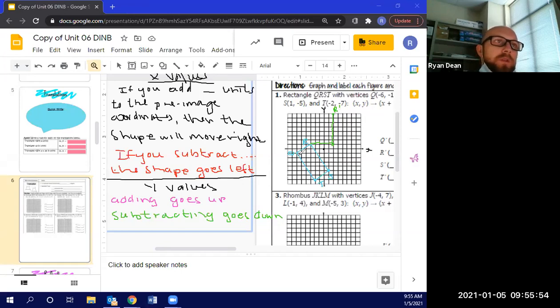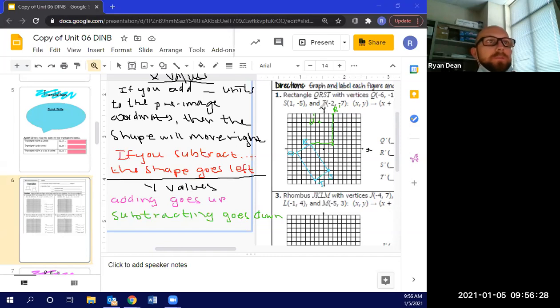Now each one of these is going to go the same distance in the x and then the same distance in the y. So with Q, we already did Q. We said that Q, if we add 5 to -6, it gives us a -1. So that's going to be right here. And then we have to add 7 to -1 for the y. That's going to be +6. Here is Q prime.